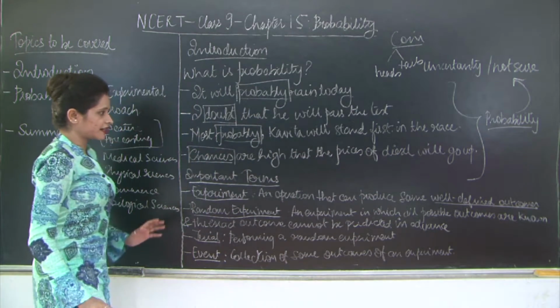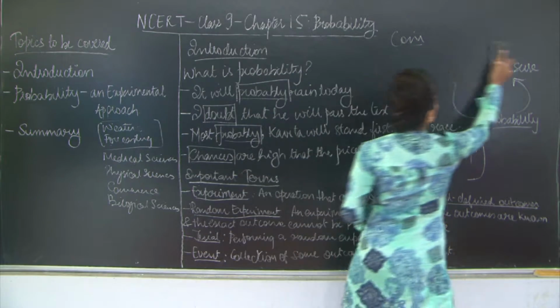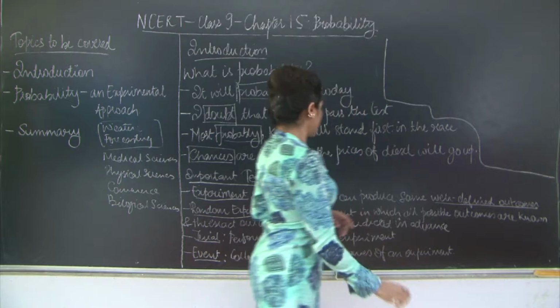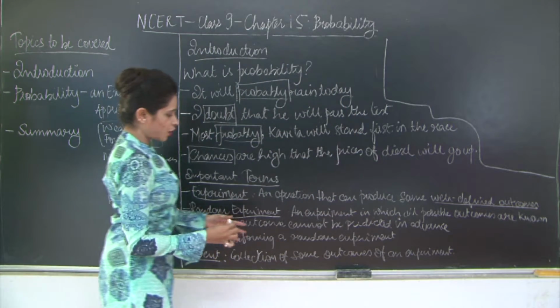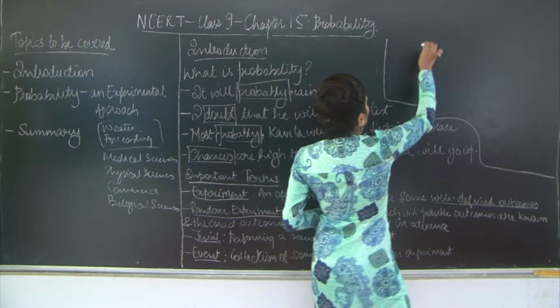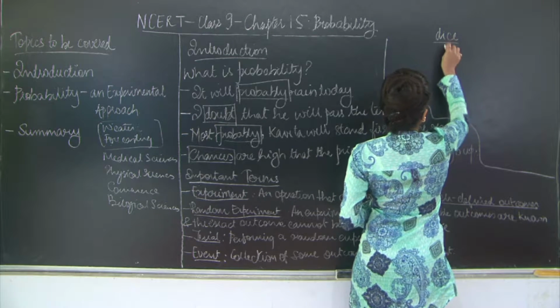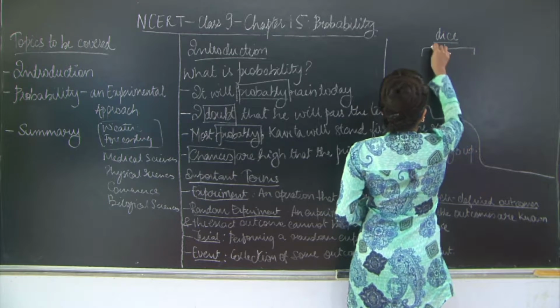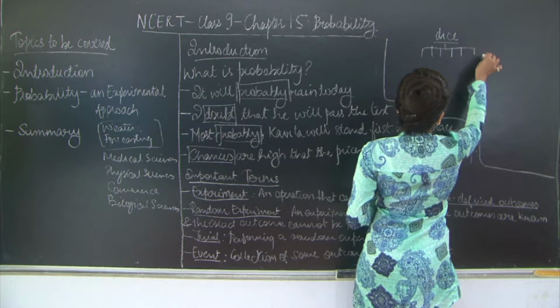Event, collection of some outcomes of an experiment. Let me erase some part of the board so I can explain this better. Let's say I have a dice, and we know it has 6 faces: 1, 2, 3, 4, 5, 6.